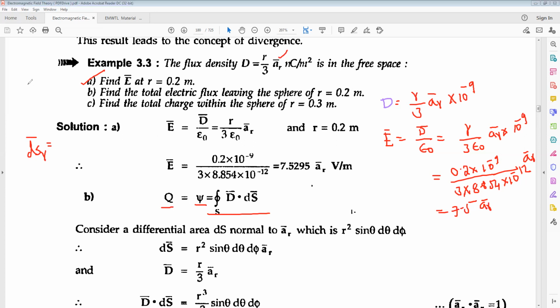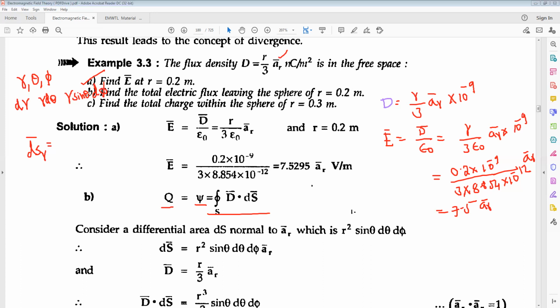Sphere means we are using the spherical coordinate system, r, theta and phi. The differential elements are: the r component is dr, the theta component is r d theta, and the phi component is r sine theta d phi.